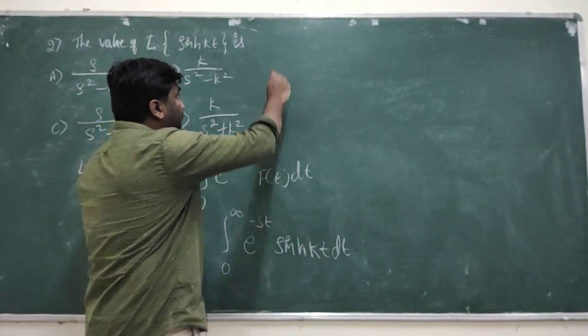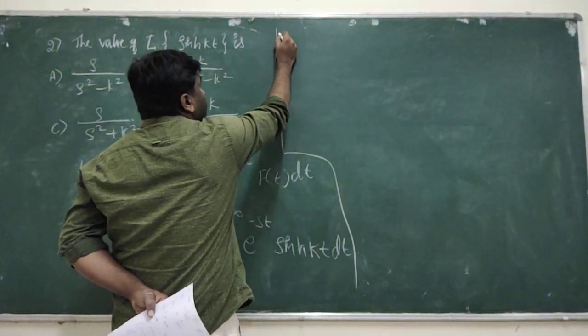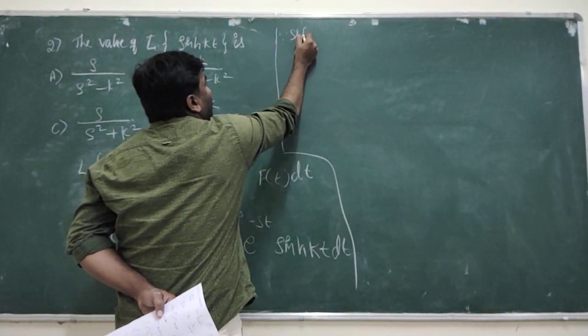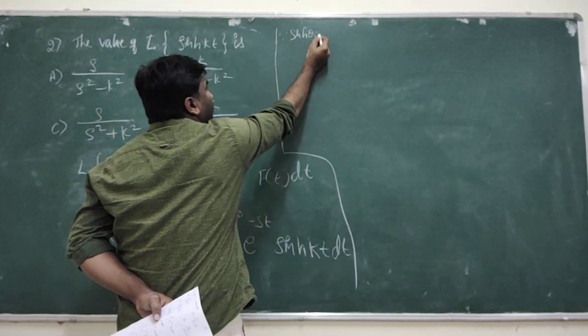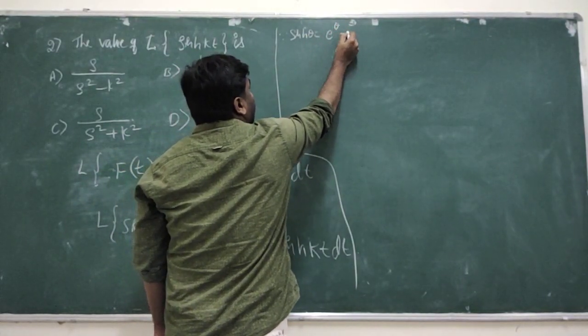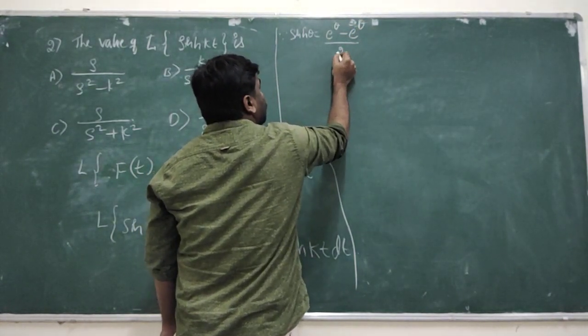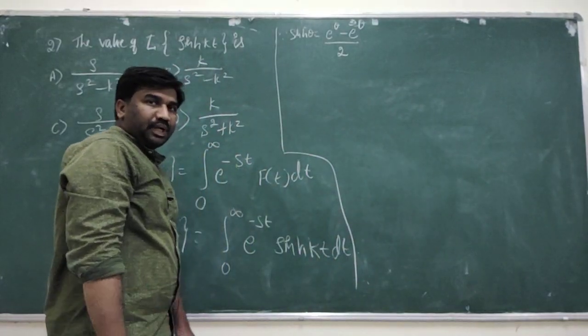So how to simplify this? Let's see. We know that sine hyperbolic theta is equal to e power theta minus e power minus theta, divided by 2, right?